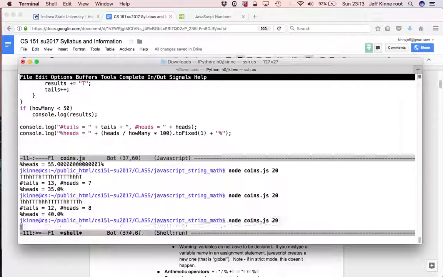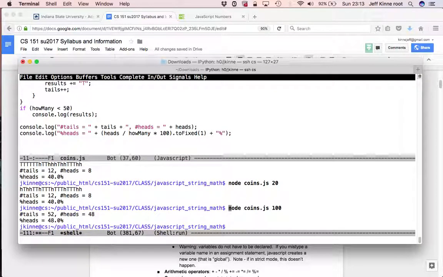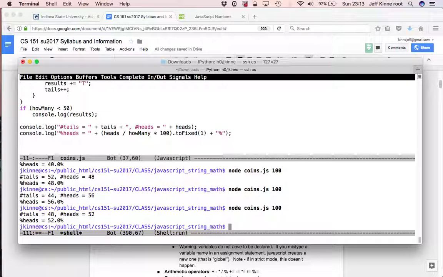Okay, so if I do higher values of this number of coins, it should get closer to 50%. There's math for why that's true, but if what they're giving us is good random numbers, let's just do 10,000.